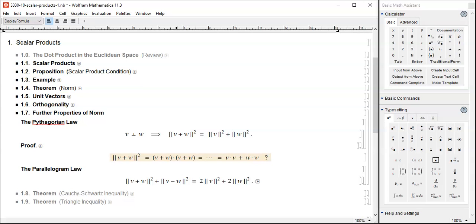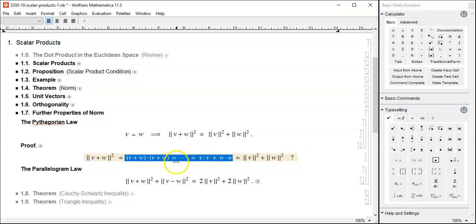This is basically what you want to prove, because this is the right-hand side. You see, norm squared is the scalar product of itself. Norm squared is the scalar product of itself. So basically you have to prove this one.